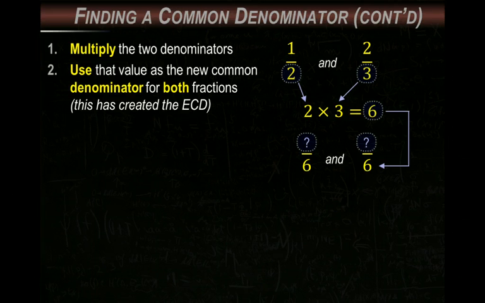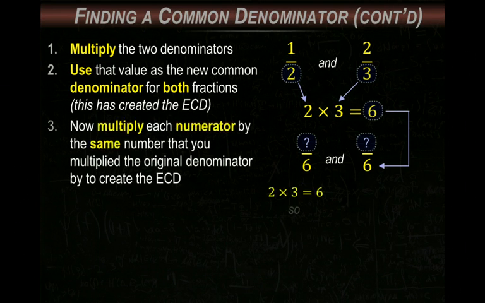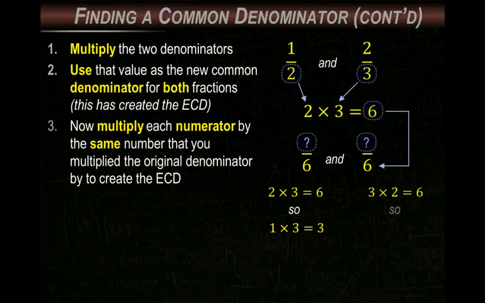The way we come up with the new top number is, again, step 3, multiply the top number by the same number we multiplied the bottom number with to get to 6. So since I multiplied 2 times 3 to get 6, I multiply 1 times 3 to get 3. And over here, since I multiplied 3 times 2, I multiply 2 times 2 to get 4.